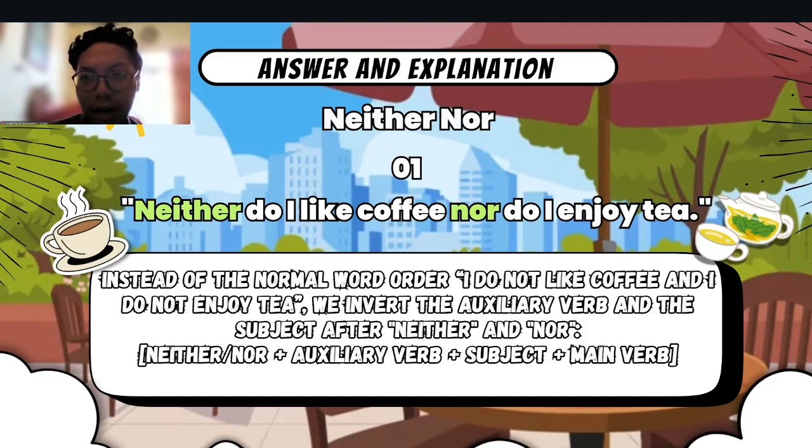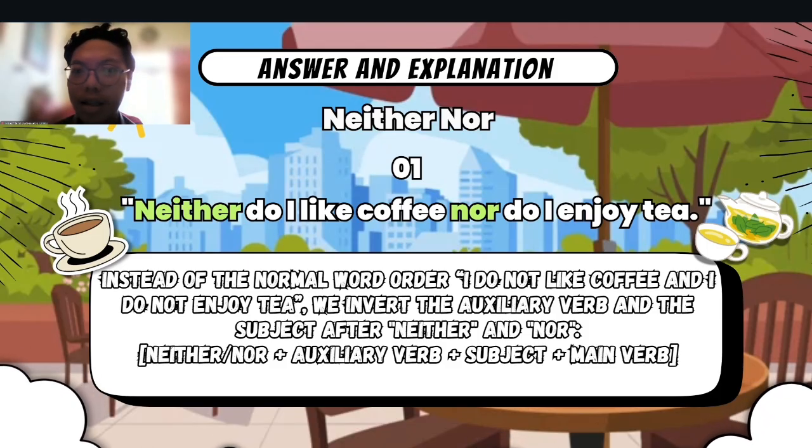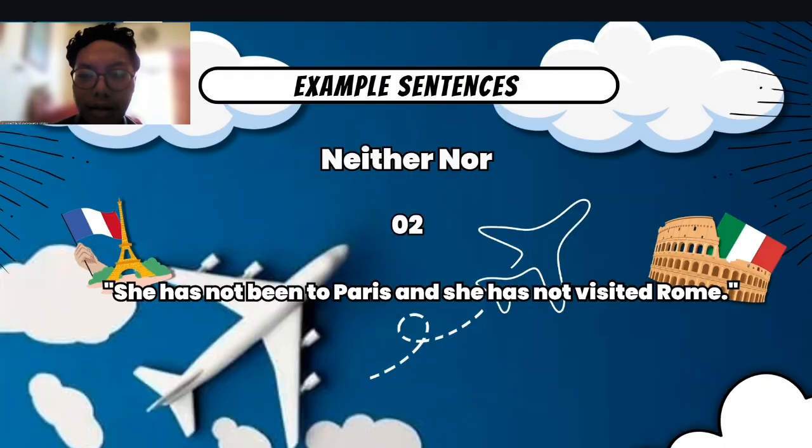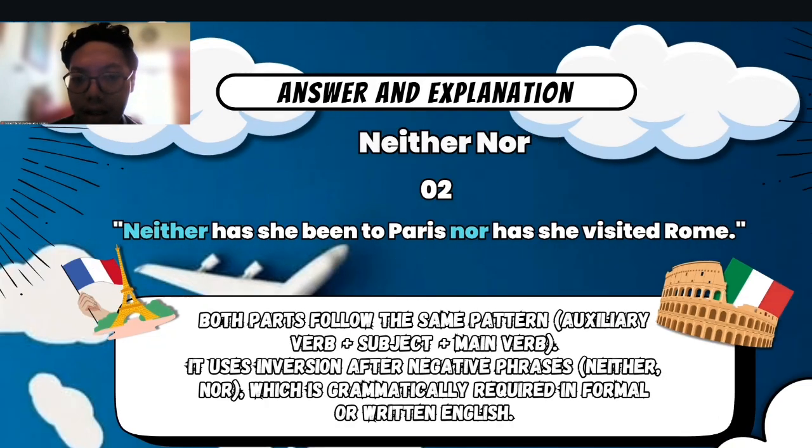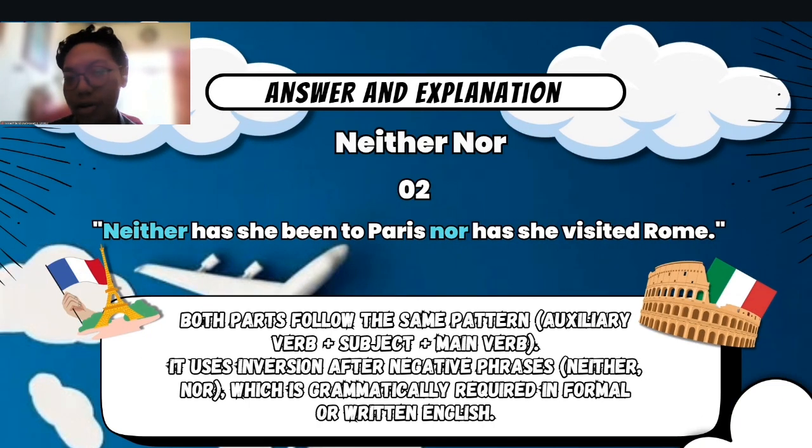Let me show you the second example. Another example is the regular form. We would say, she has not been to Paris and she has not visited Rome. The correct sentence is, neither has she been to Paris nor has she visited Rome.